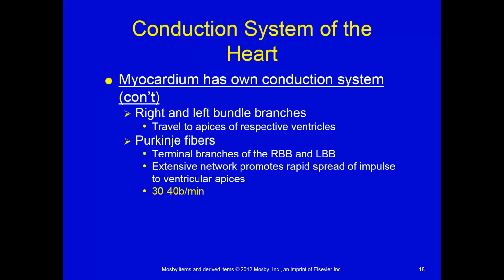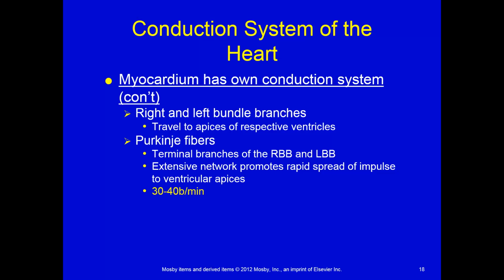Okay, good. So, in summary, these nodes keep the conduction of the heart going in an organized, sequential, efficient manner, right? The SA node talks to the AV node, talks to the bundle of His, talks to the bundle branches and the Purkinje fibers, and then you start over again, right? That's the flow of the electrical impulse, of the conduction system, every single beat, right?